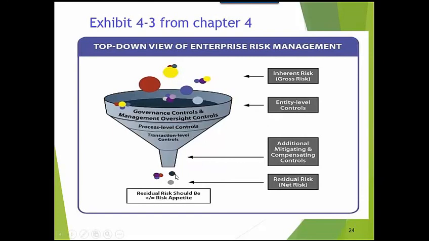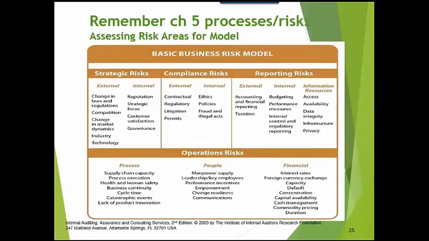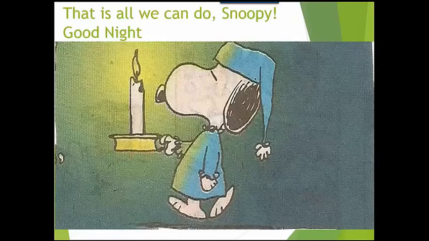The idea is that there will always be risk. Okay, so we never eliminate risk, we manage risk. So we need to understand what the residual risk is and how we're actually going to manage this. Risk assessment process, we've talked about this, the strategic, compliance, and reporting risk.